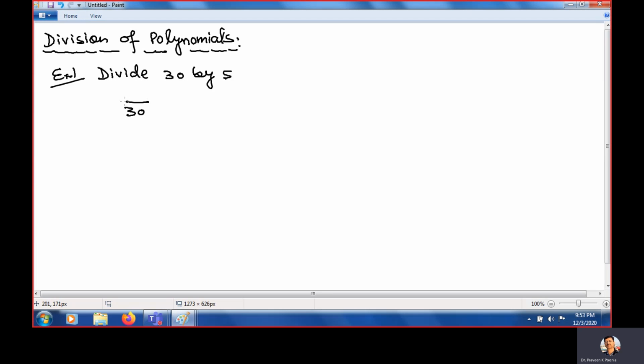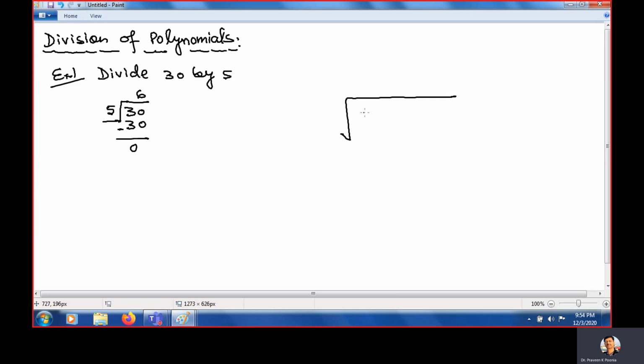We will write 30 here, and here we will write 5, and 5 times 6 is 30. Then we will subtract it. Clear? Subtracting means 30 minus 30 is 0. Okay, so I want to tell you these are the things in division.